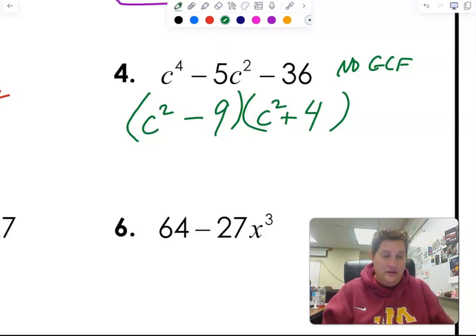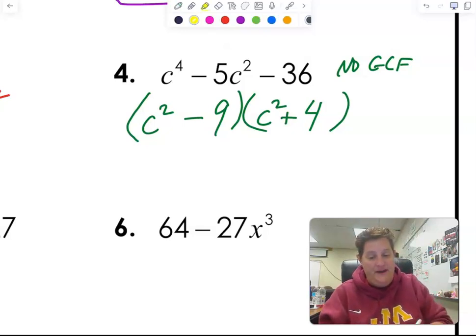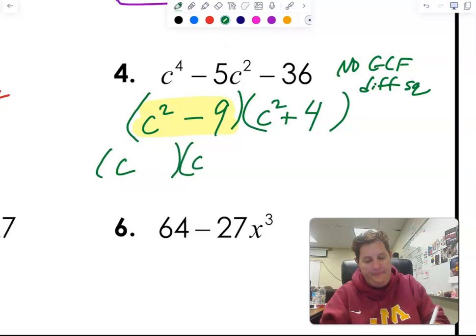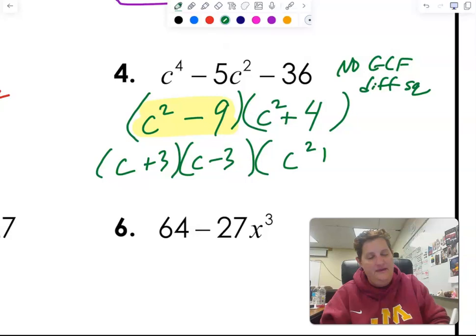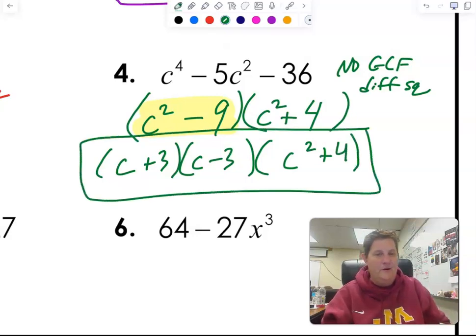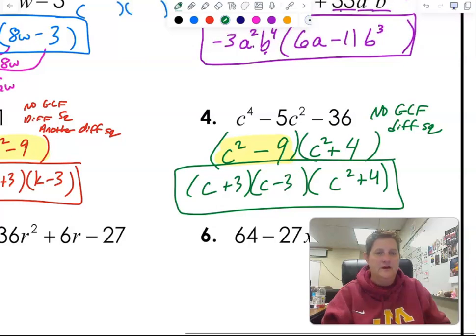Okay, now they both look like squares, but remember, we can only factor a difference of squares. The sum of squares just has to stay there. So I take this, and I can do a difference of squares on this one. This is c plus 3, c minus 3. And then the c squared plus 4 just stays. Alright? Perfect. Okay.